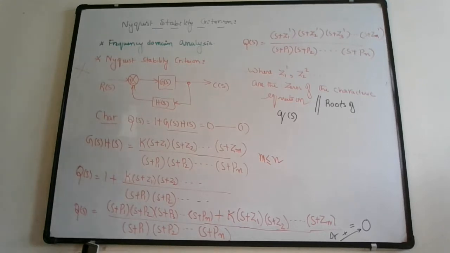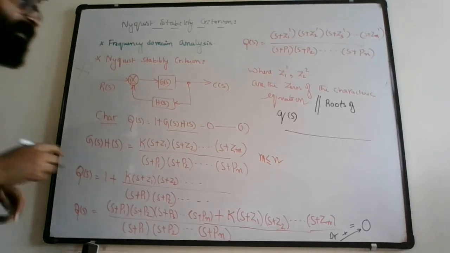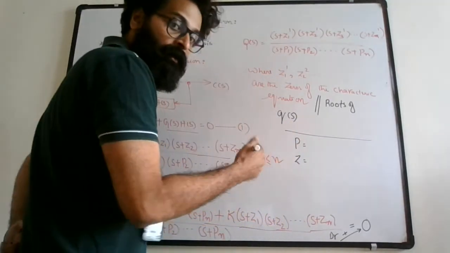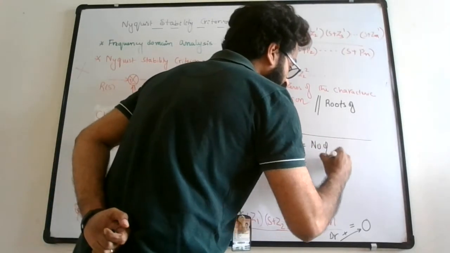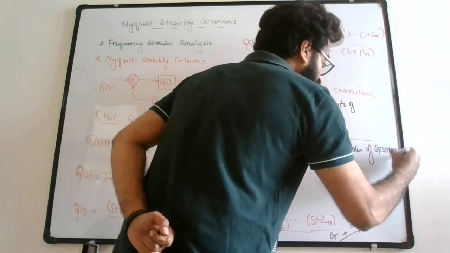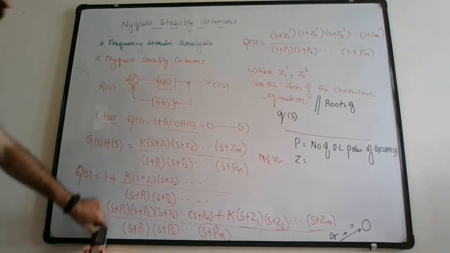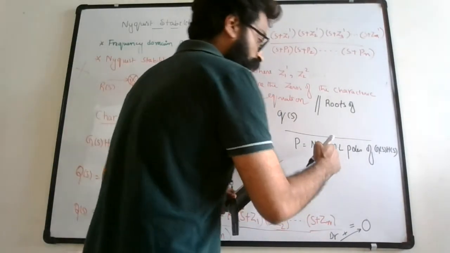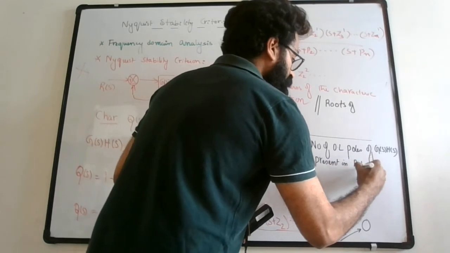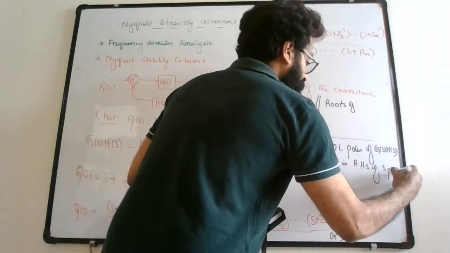So in Nyquist plot, what we do is we count two important parameters, and those parameters are P and Z, where P is defined as the number of open loop poles of G of s into H of s present in the right half of the s plane.